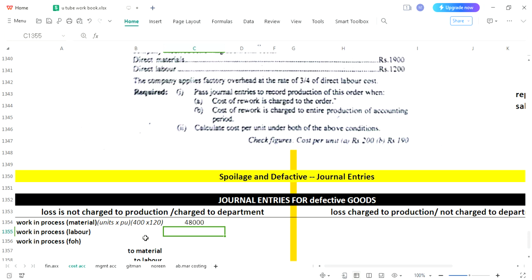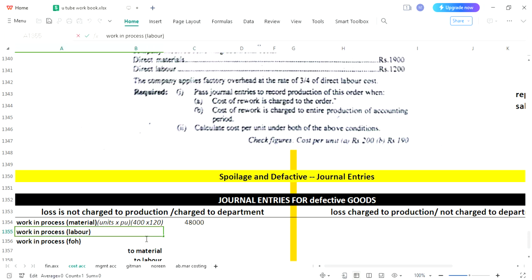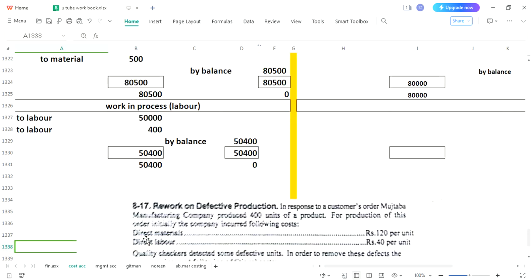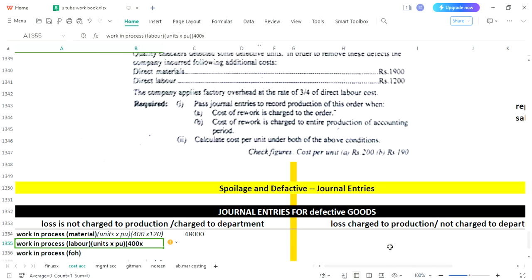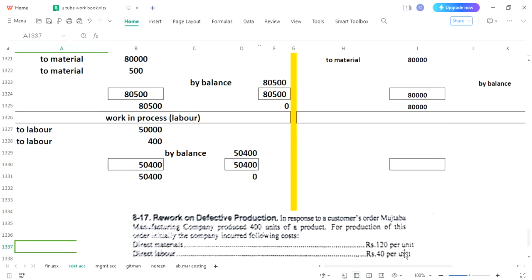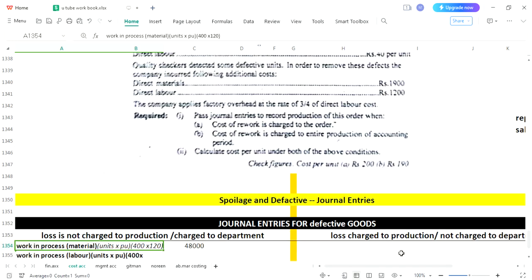Amount of work in process material we have calculated. In second stage, we will be calculating amount of work in process labor, for which we will be doing the same thing. Units are to be multiplied with per unit. Units are 400 for labor, material and FOH similar. Now we will see per unit of labor, and here it has been mentioned 40. 120 was for material, 40 is for labor.